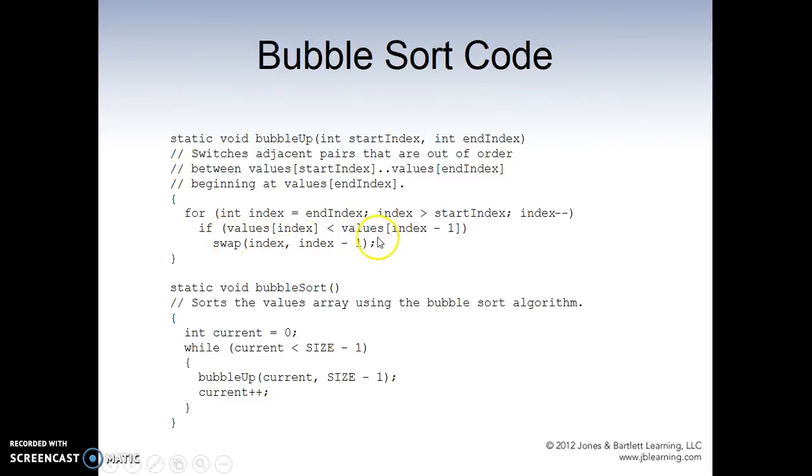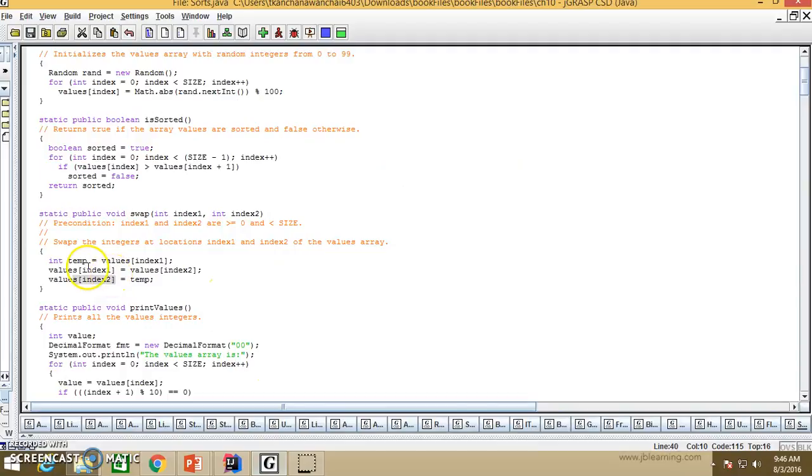So compare the values, index with index -1. If it's less than, we swap. We already looked at the swap method in the selection sort earlier. So it's the same logic implementation of the swap. Right, just pass index in, put in temp, and replace value 1 of index 1, and temp put back into value of index 2.